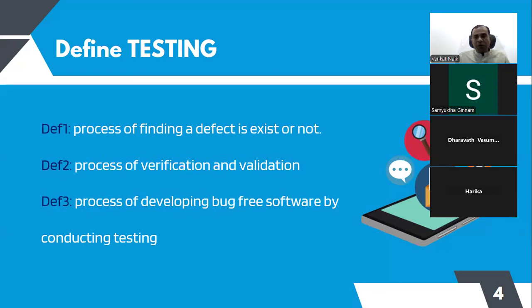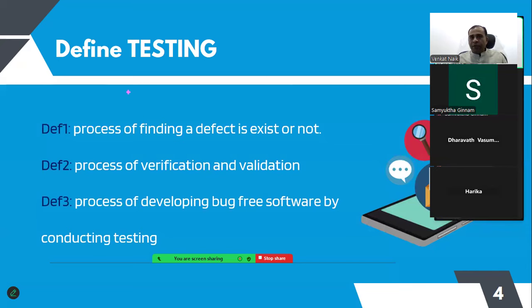Obviously, testing is finding whether a defect exists in a particular device or not. Let's suppose you have developed PhonePe as the product. Before releasing the PhonePe product into the market, being a testing engineer, a quality analyst, a quality assurance engineer, you have to test whether this product has any kind of defect or not.